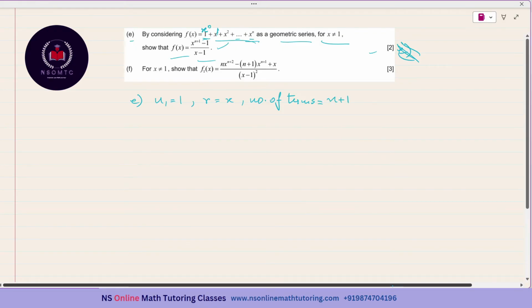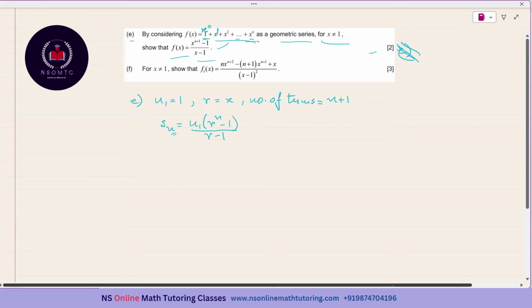n plus 1, okay? And now we have to use the formula for the first n terms of a geometric series. So this will be equal to u1 times r to the power of n, where n is the number of terms, minus 1 over r minus 1. Okay.